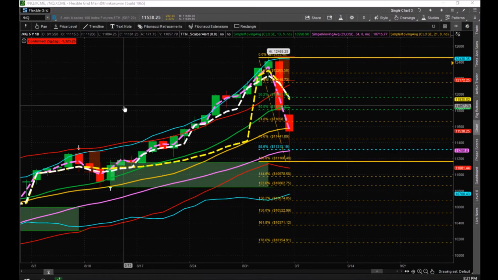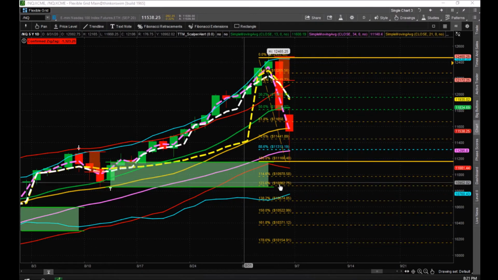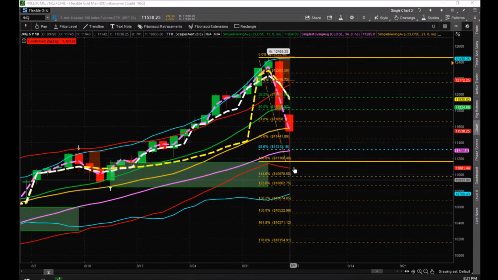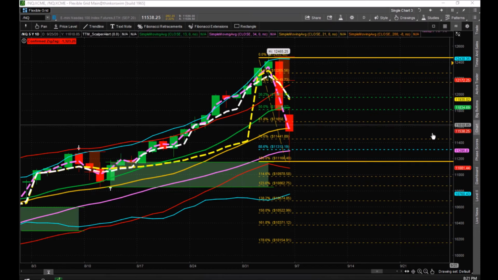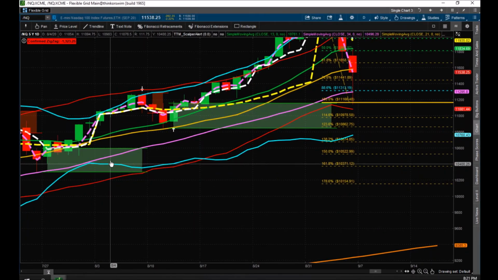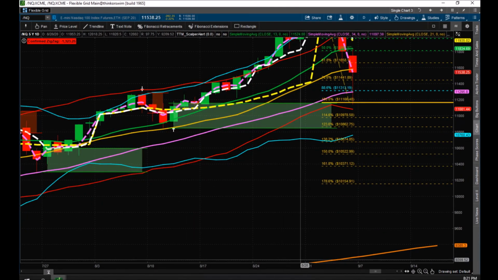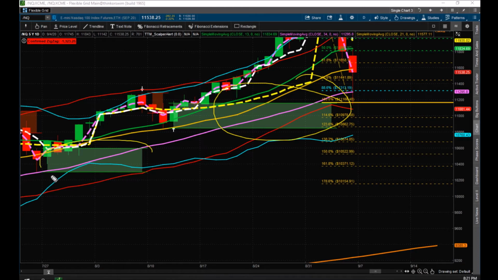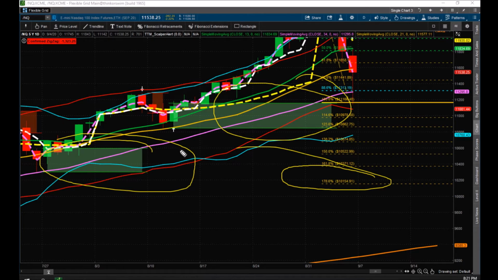I told you it was 10,760, I think. Yes. So basically, if it fails this area here, it's going to come back down to the bottom. And if this area fails too, then we have to look for this other area here. This area will be a target, 10,000.